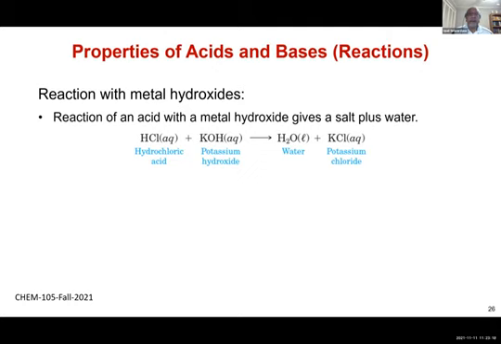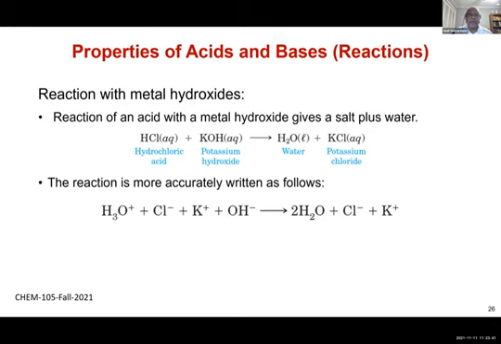So this is how you can neutralize an acid or a base, either using acid on base or base on acid to neutralize, producing water and salt.